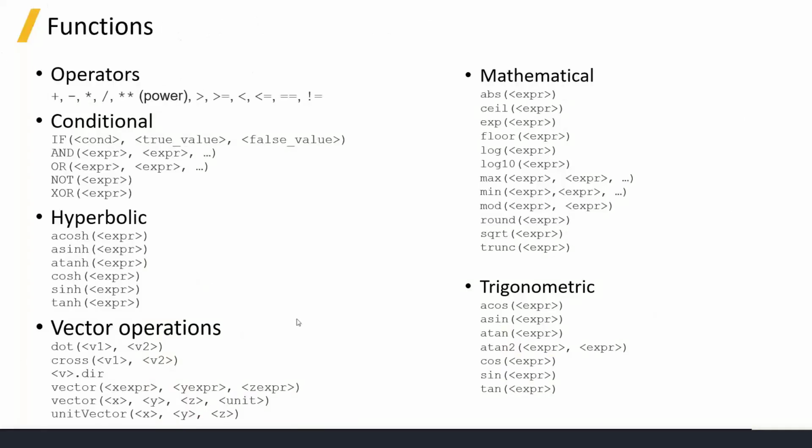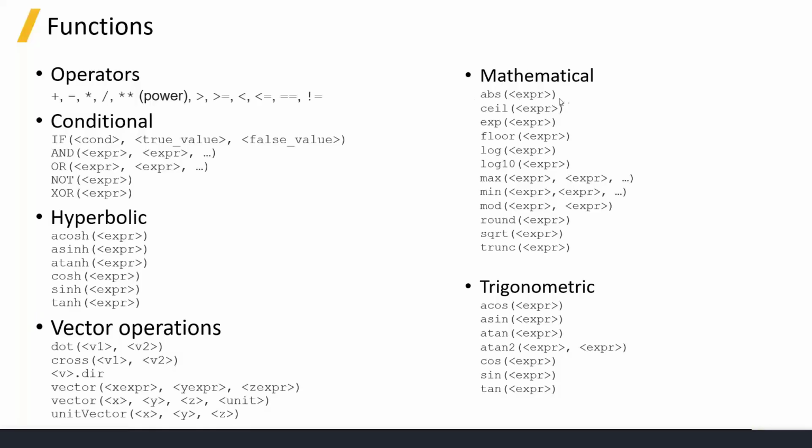So what can we do with these? So the usual operators there, two stars for exponentiation. We've got the usual set of logical operators here. We can have conditionals, so we can have an if, and then we can have an and, an or, a not, an XOR, to do conditionals. We can have the full set of hyperbolic functions, mathematical functions here.